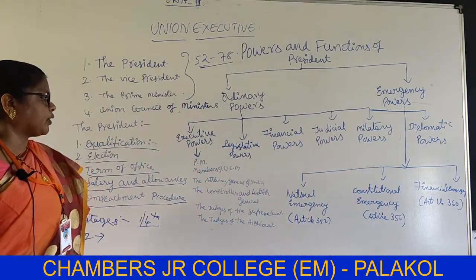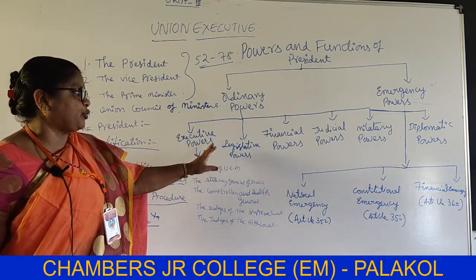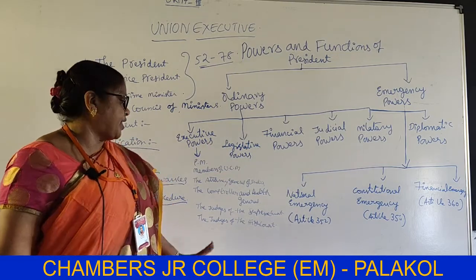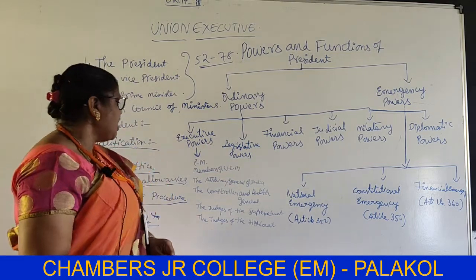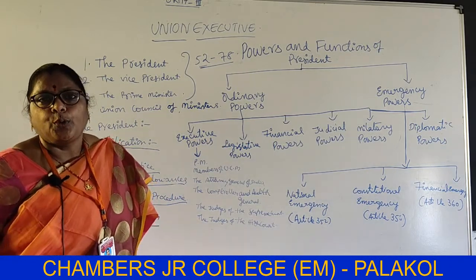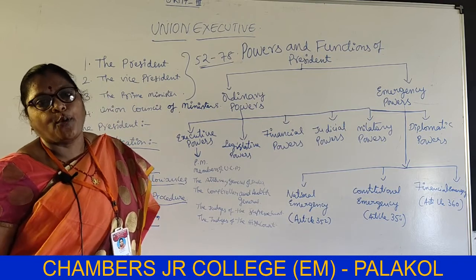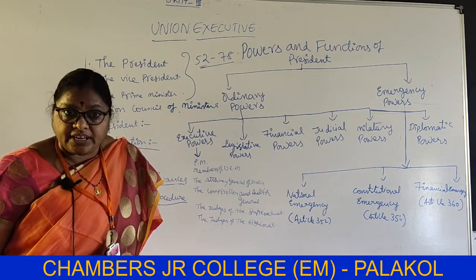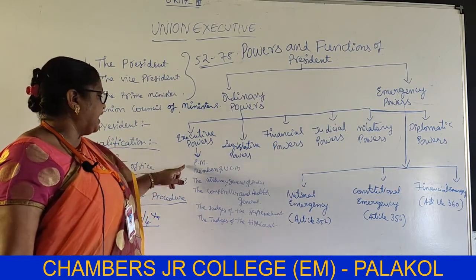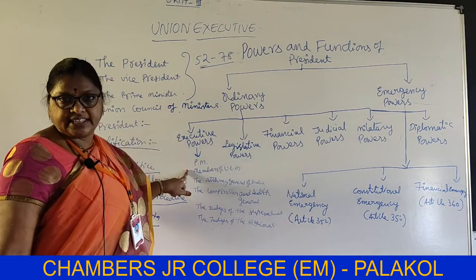Okay, now we are going to see one by one the executive powers, legislative powers, financial powers, judicial powers and military powers. See, first, executive powers means appointing the important persons, appointing the important ministers, is known as executive powers. Here, the President appoints the Prime Minister.